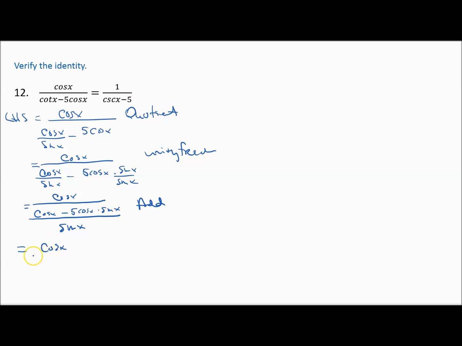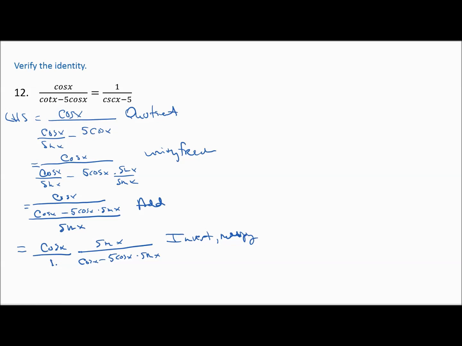It's really cosine of x over 1 times, I'm flipping this guy, so this is sine of x over cosine of x minus 5 cosine of x times the sine of x. Again, invert and multiply, or you could call that dividing by fractions, whatever you want to call it. Remember, this is really over 1.